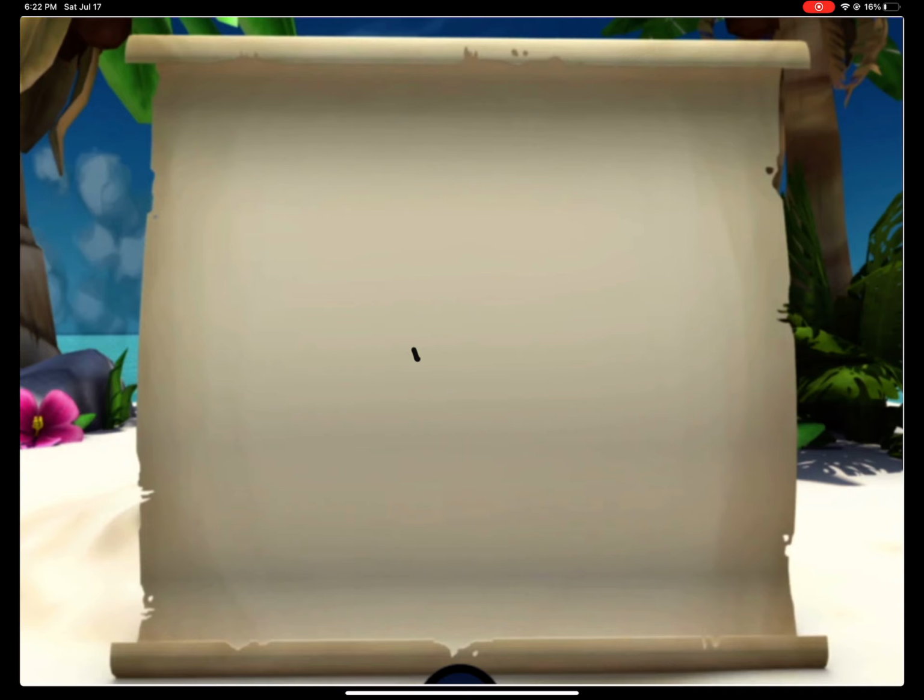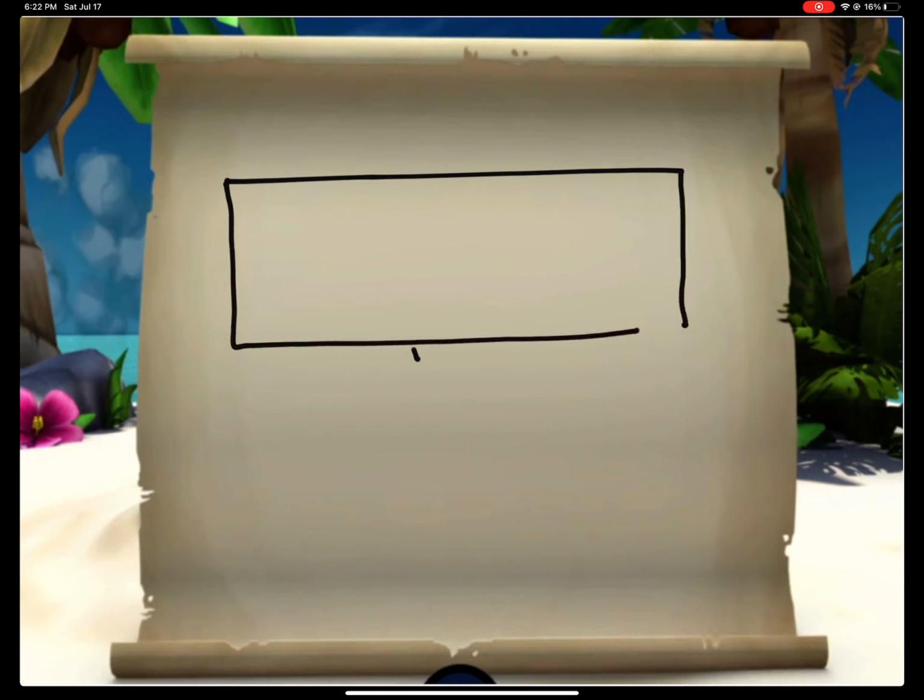Okay, so now let me draw a rectangle. So this is a chocolate candy bar. Okay, so what is this? This is a candy bar. So what I want you to do is you have to share this chocolate candy bar equally among your friends.